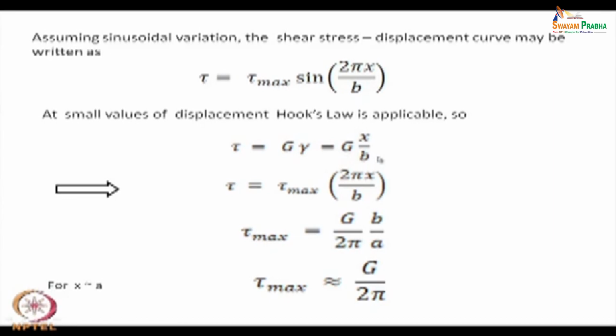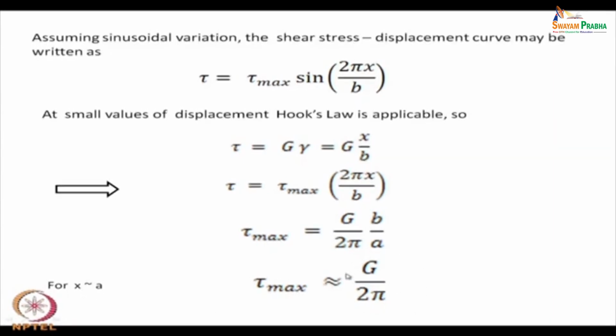Tau, the stress, equals shear modulus into the strain, and if we apply that to this equation, then tau becomes tau max 2 pi x by b, once again an approximation. From that one can find tau max equal to G by 2 pi b by a, and if x is almost equal to a, then tau max becomes G by 2 pi.